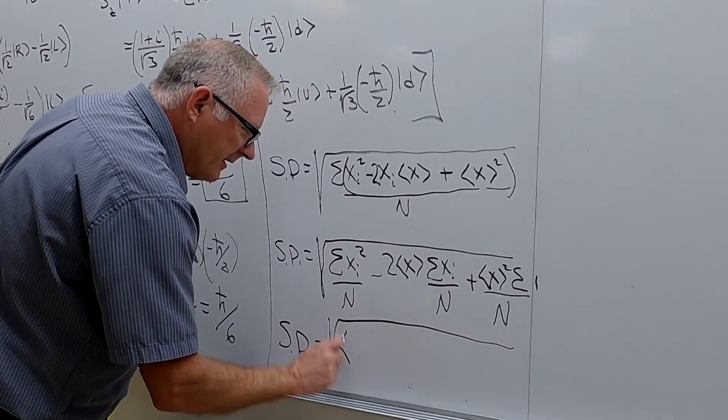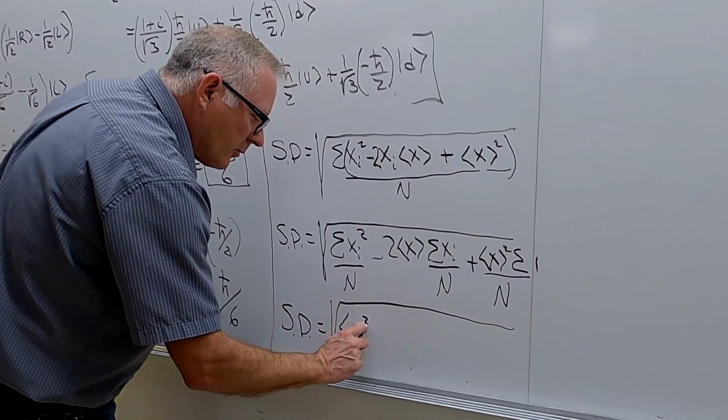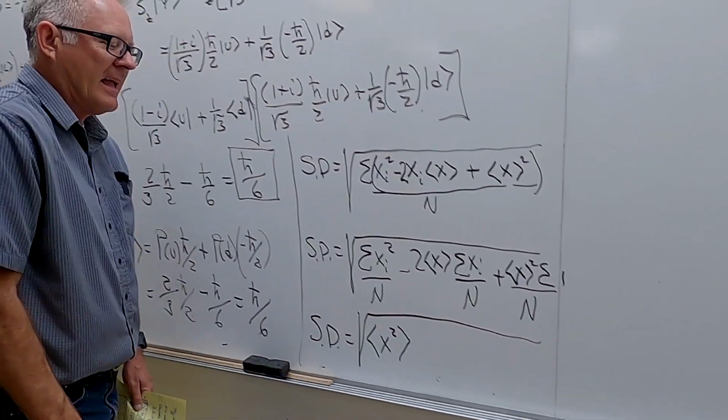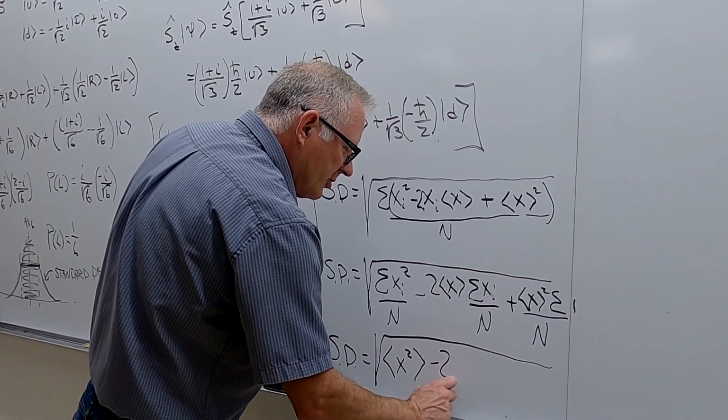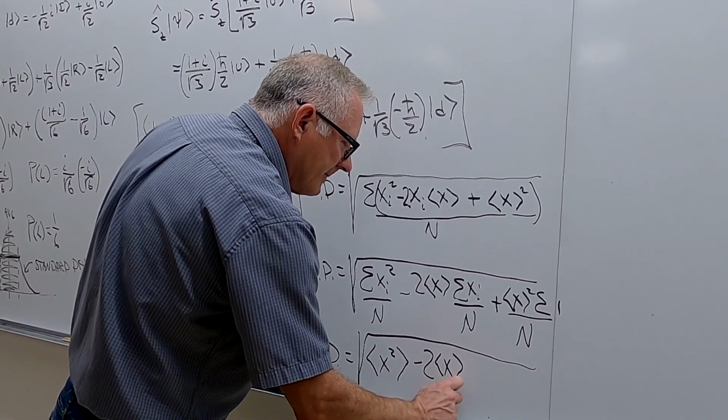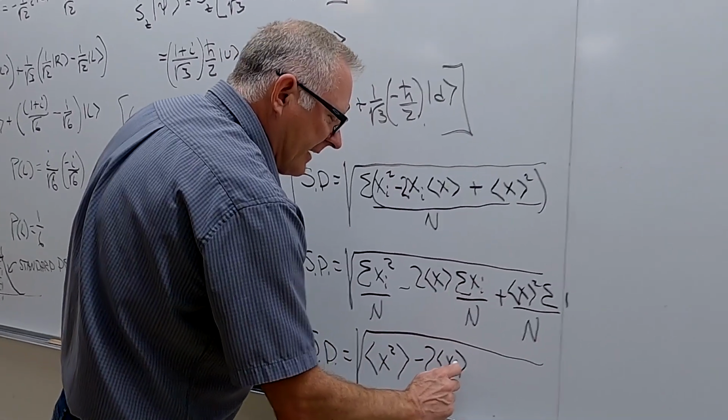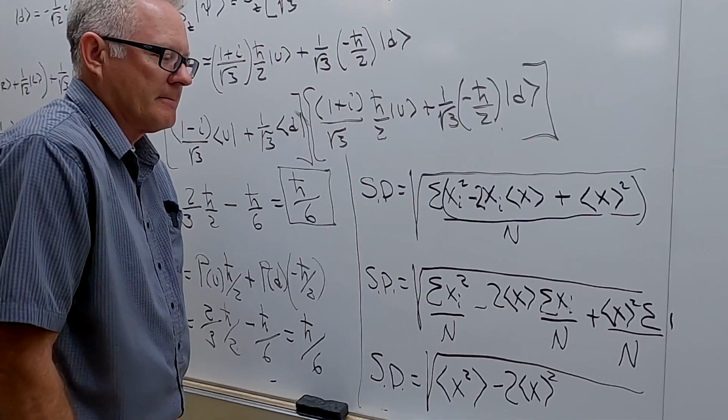So this first one is the average of x squared. This is minus 2 times the average of x, but this is the average of x, so that's squared.